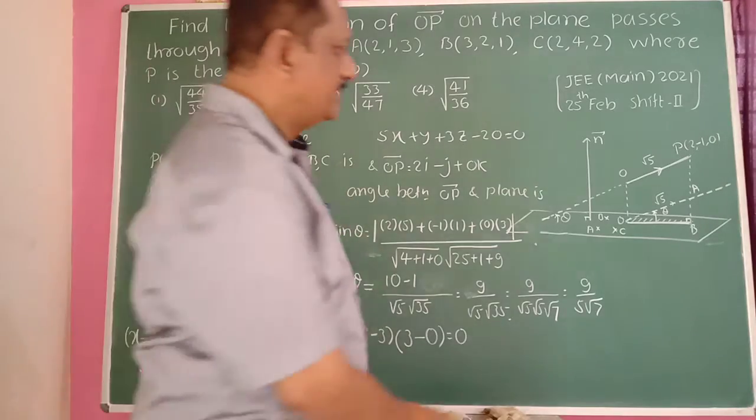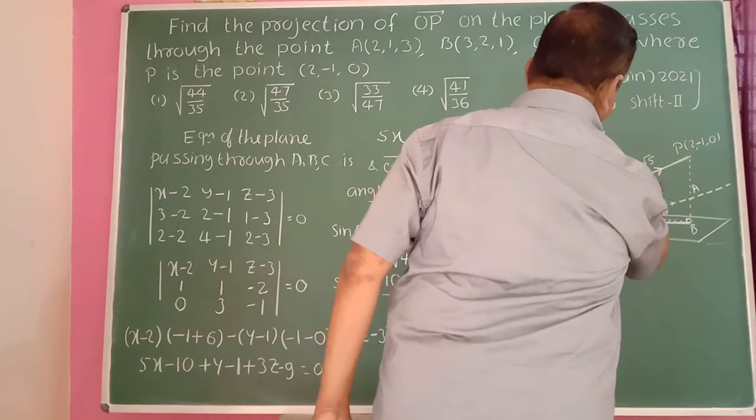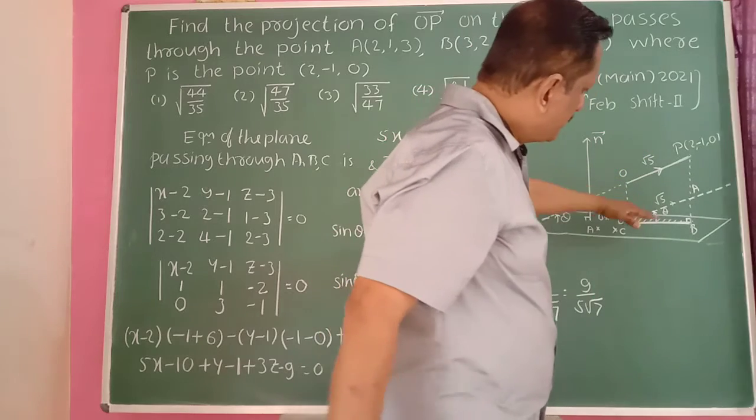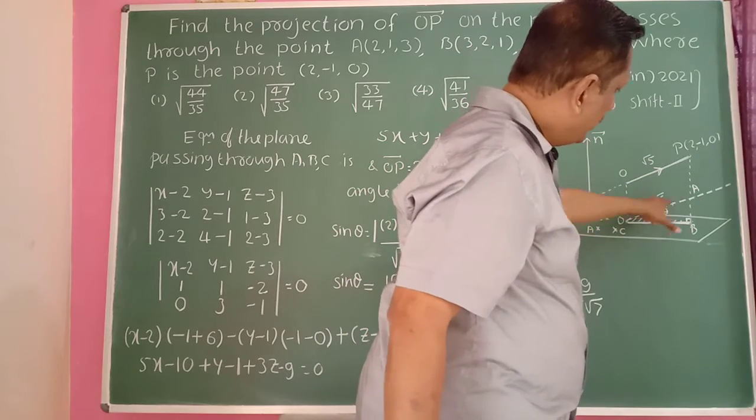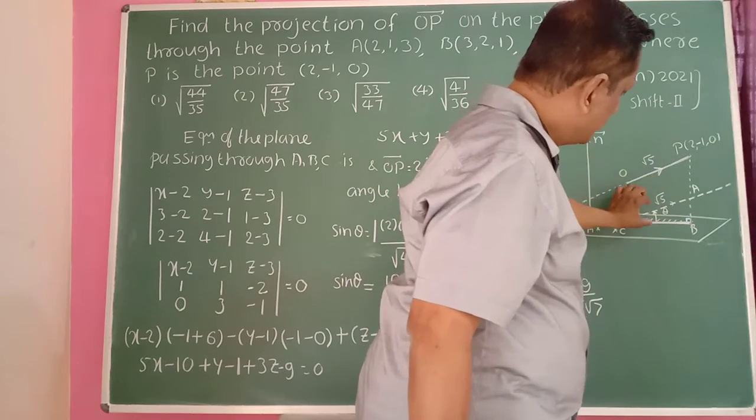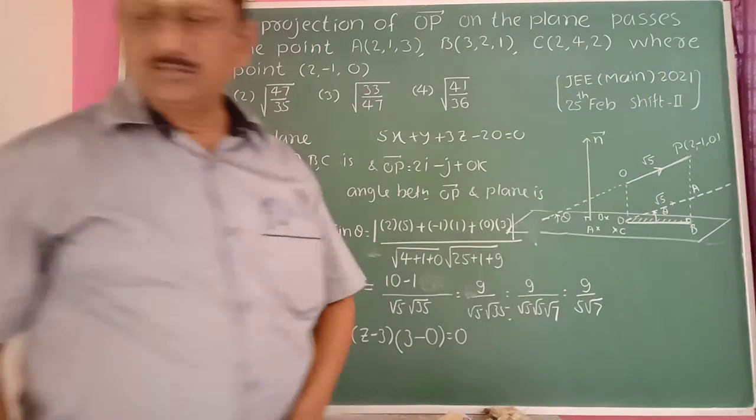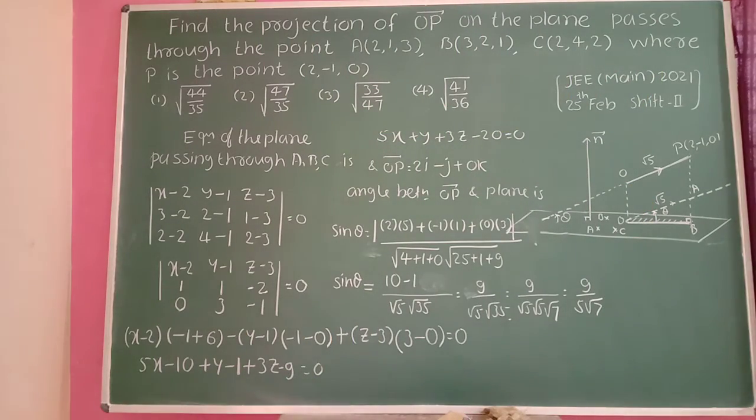Here we want this projection OB. Here OP is the vector. Its projection is OB here. Then OA is parallel to OP here. So this angle is theta here. So theta is the angle between the line and the plane here.